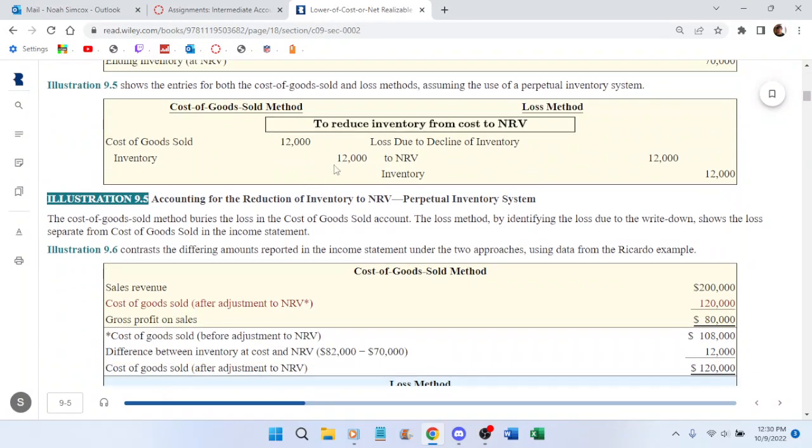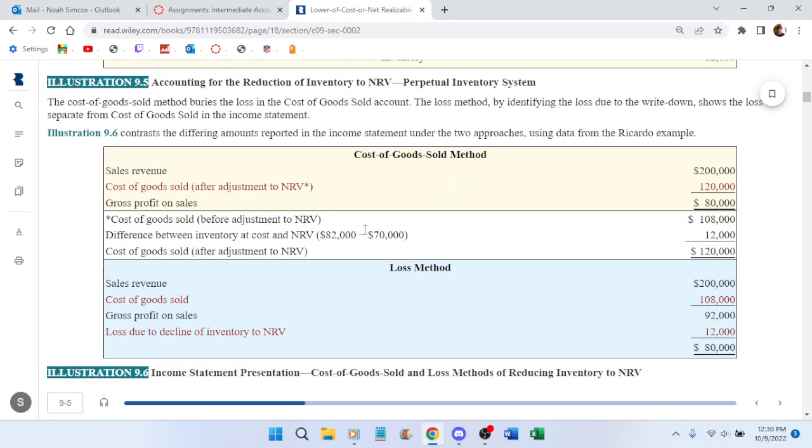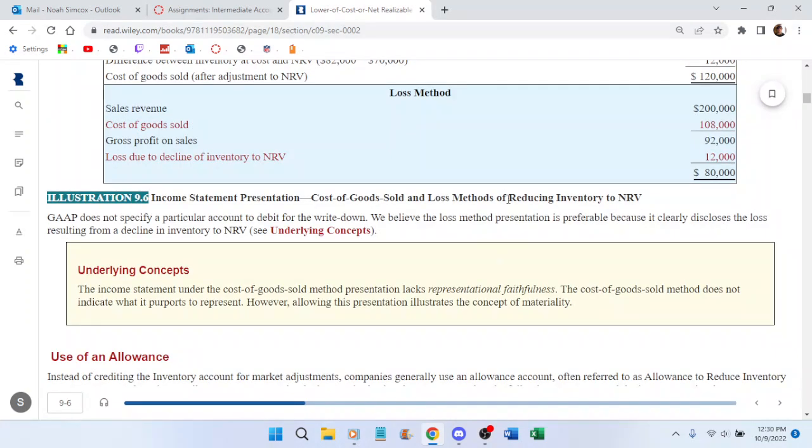In the cost of goods sold method, the cost of goods sold will actually be more. And in the loss method, it will be this, and then you'll have another extra expense, which is loss due to decline of inventory. So that's not that complicated, really.